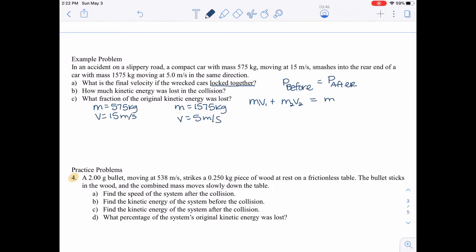And at the end, they are together, so they have a combined mass, and they will, of course, be going the same velocity. I don't know if we really need a 1 plus 2. I think we'll just leave it as v.